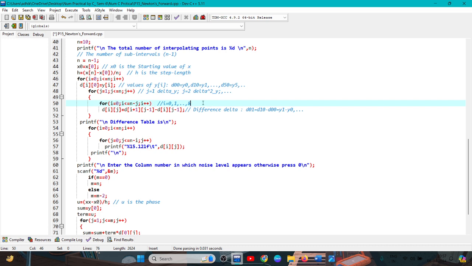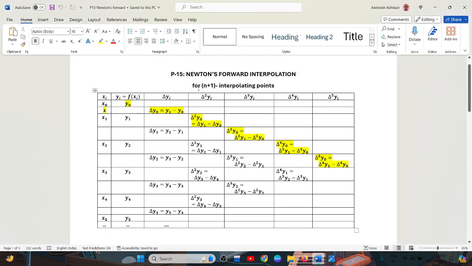Again, next j equal to 2, the second order difference. From this difference table, delta 2 y0, delta 2 y1, delta 2 y2, delta 2 y3, up to delta 2 y7. That is, delta 2 y0 equals delta y1 minus delta y0.